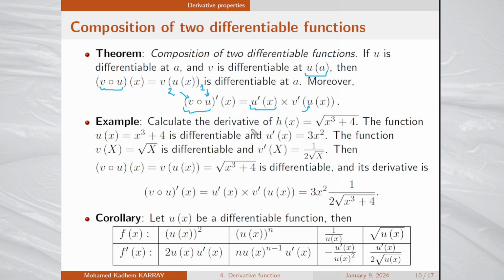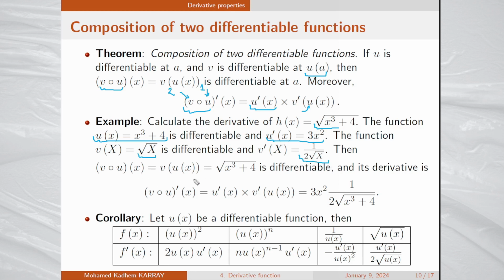Let's apply this formula to calculate the derivative of h of x, which equals this expression here. So we consider first u, the function given by this polynomial. Its derivative equals 3 multiplied by x squared. Moreover, the function v, which is the square root of x, is differentiable also, and its derivative is given by this expression.